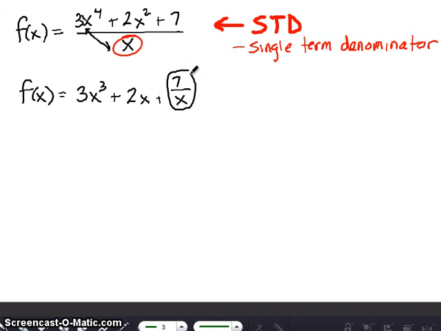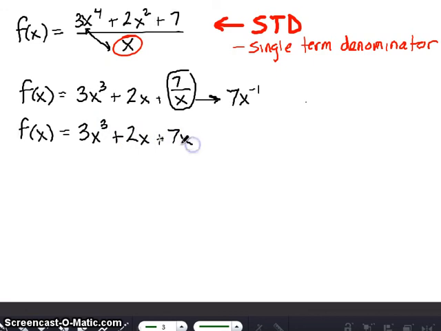But what we're allowed to do with this is play around with our exponents again. We can turn this into 7x to the negative first power. So whenever you have a variable in your denominator, don't forget that just means it's a negative exponent.